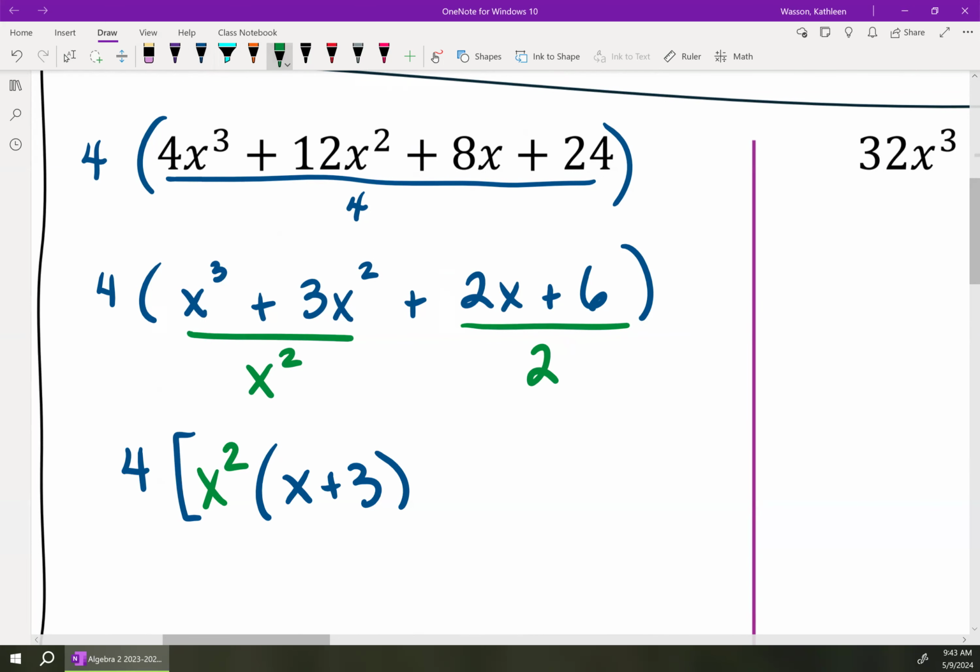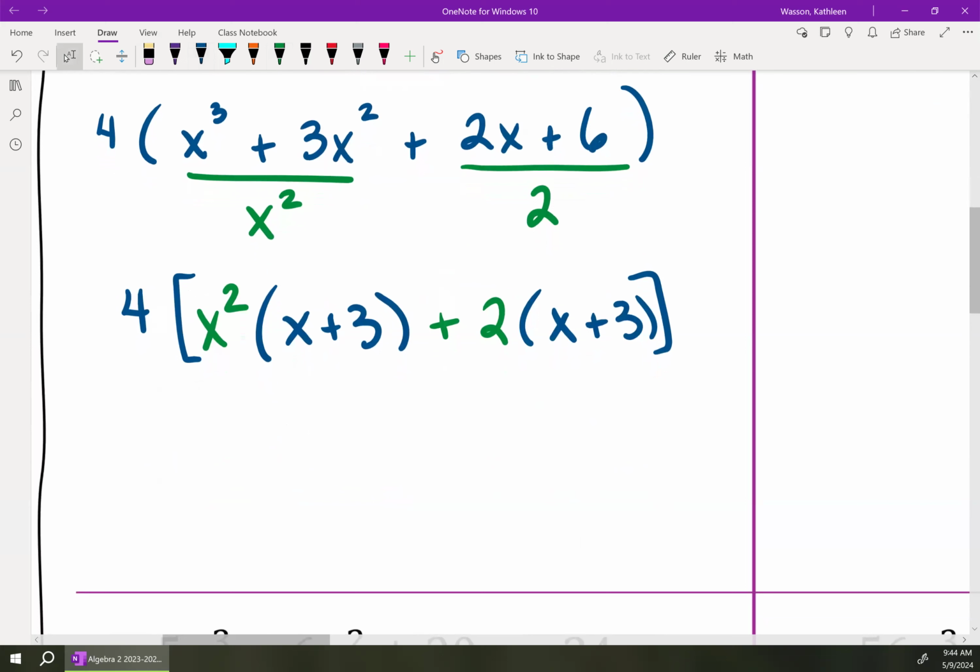And then my second greatest common factor is 2. And if I factor 2 out of each of these terms, that leaves me with x plus 3. So here's where we have a common binomial. Each of these groups has an x plus 3. So the greatest common factor of this polynomial now is x plus 3.